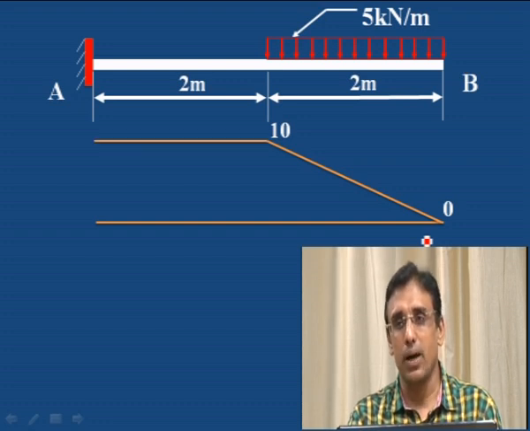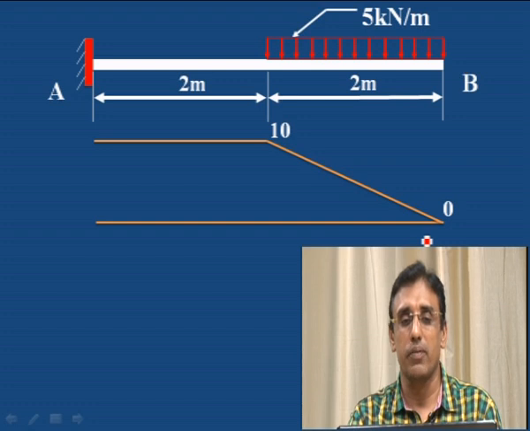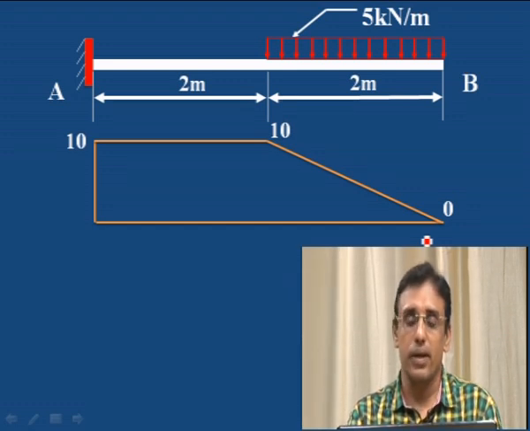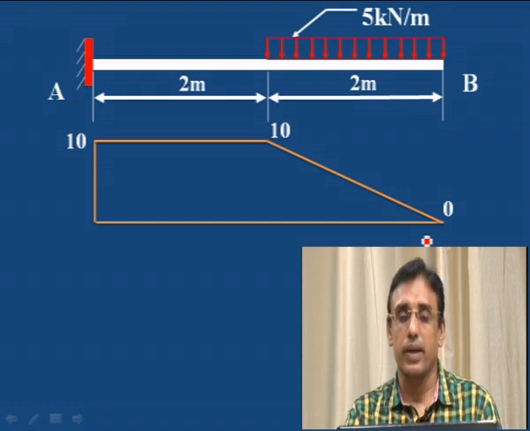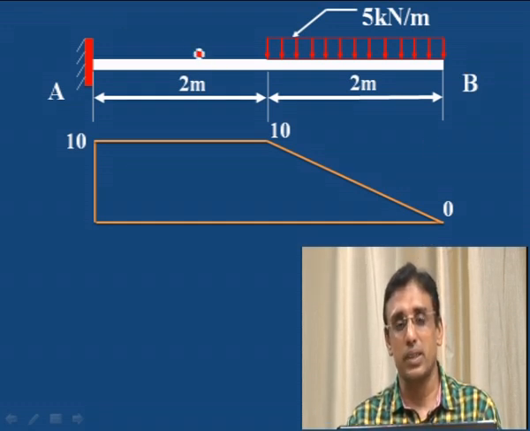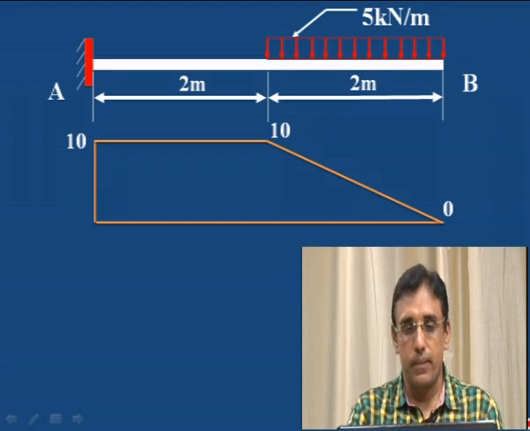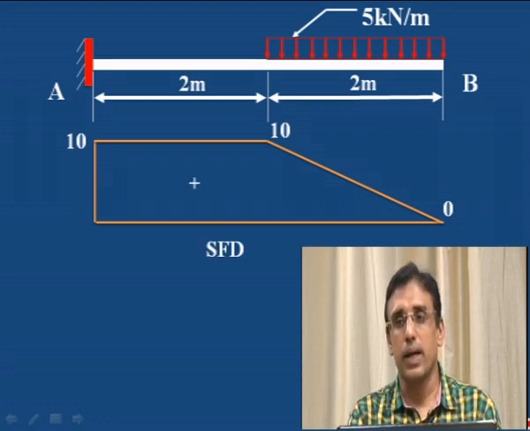Then again it is a horizontal line, as no load is added between A and C. Then join. This is the shear force diagram for the uniformly distributed load acting over half the span. Whatever the distance the UDL is acting, up to that distance we draw the inclined line, then a horizontal line. This is the shear force diagram.